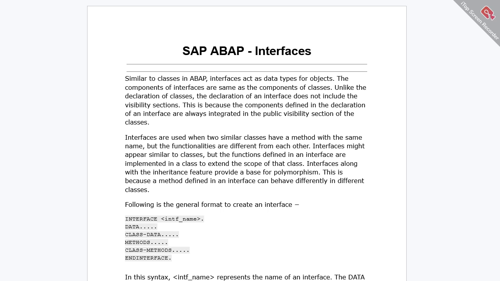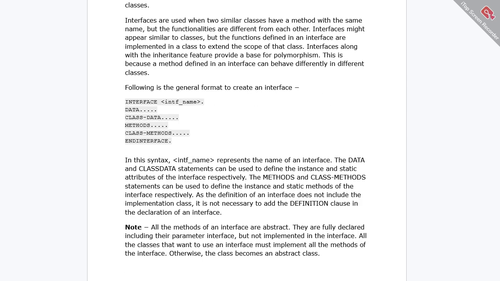So the general format to create an interface is: interface name, data, class data, methods, class methods, and endinterface. In this syntax, interface name represents the name of an interface. The data and class data statements can be used to define the instance and static attributes of the interface respectively.